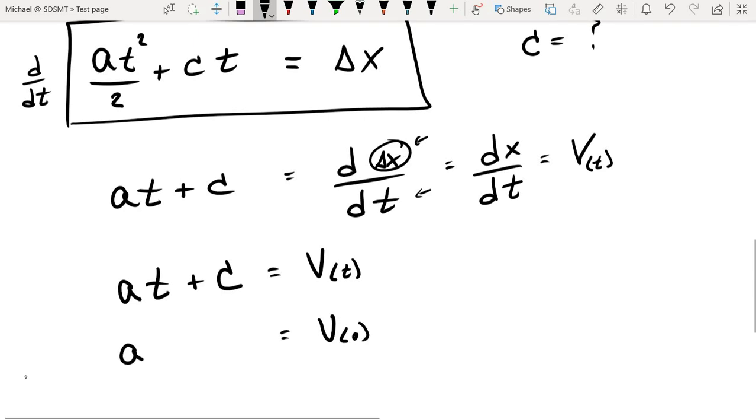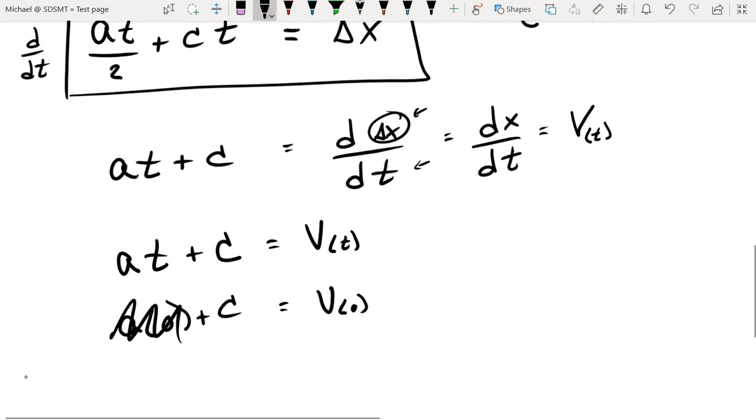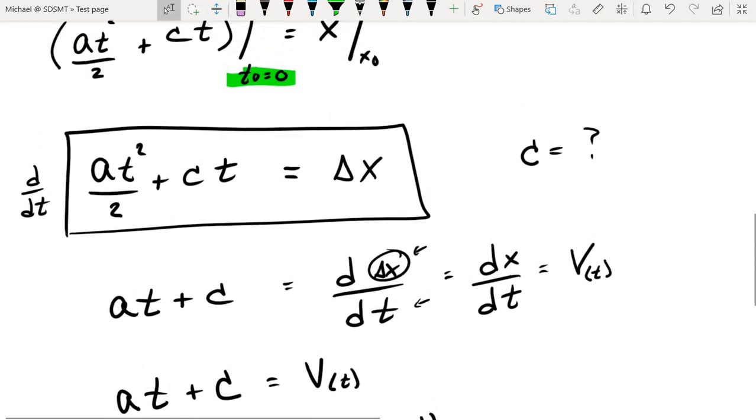Well, we get the acceleration times 0 plus the unknown constant of integration, which means that our constant is the initial velocity. V evaluated at 0, well, that's the initial velocity. So now that I know what that constant of integration is, I can bring that back into our expression.